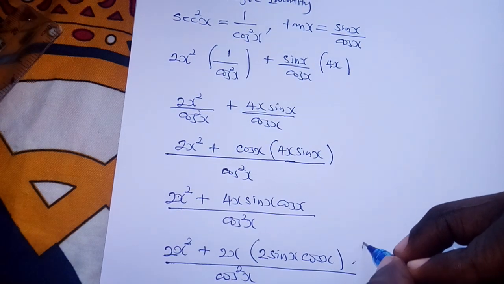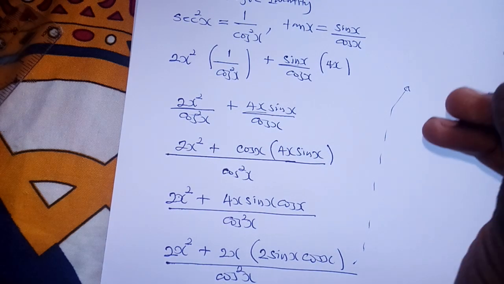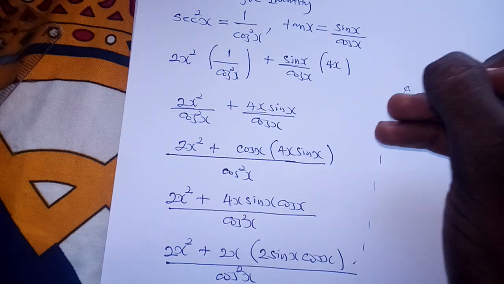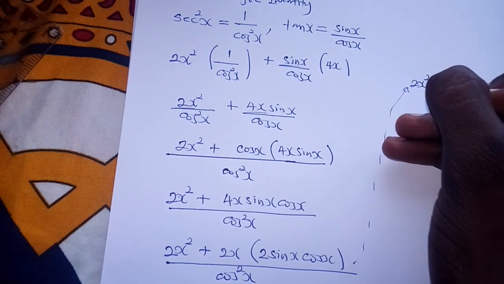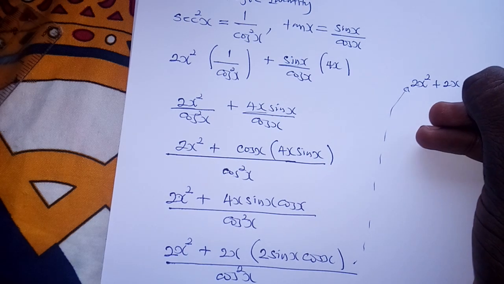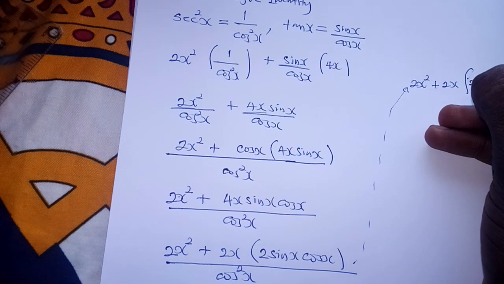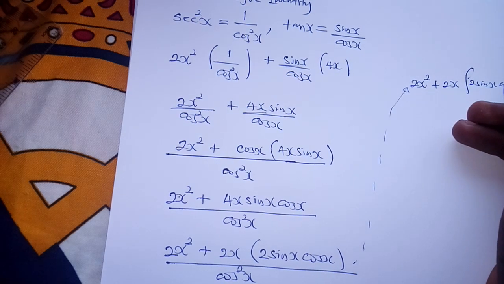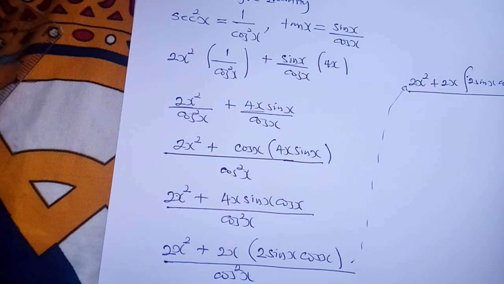Now we have 2x square plus 2x into 2 sin x cos x, then we divide everything by cos square x.